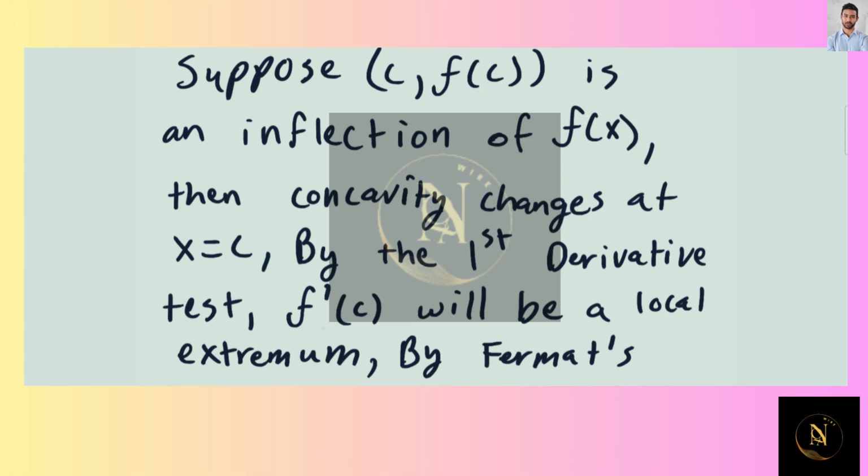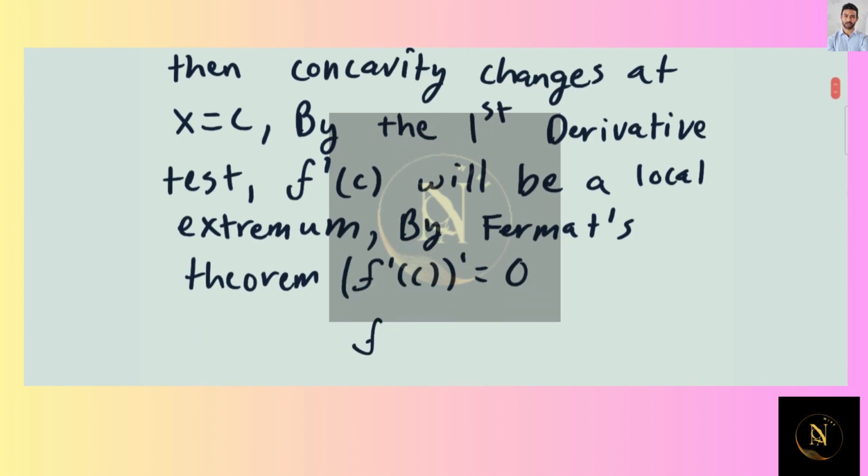So if this f prime of c has a local extrema at that point c, that means the derivative of f prime, which would be f double prime of c, is equal to 0. So the derivative of f prime of c is equal to 0, and this is just the second derivative of f is equal to 0 at c.